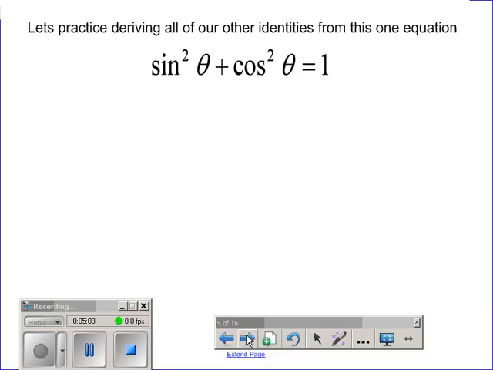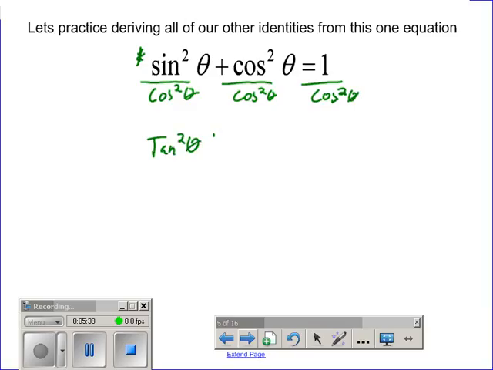So say we take our basic equation and divide everything by cosine squared theta. This is going to give us another one of our Pythagorean identities. Sine divided by cosine is tangent squared theta.